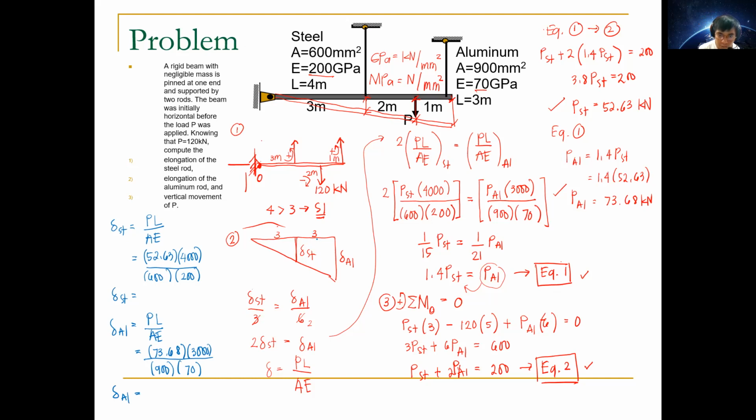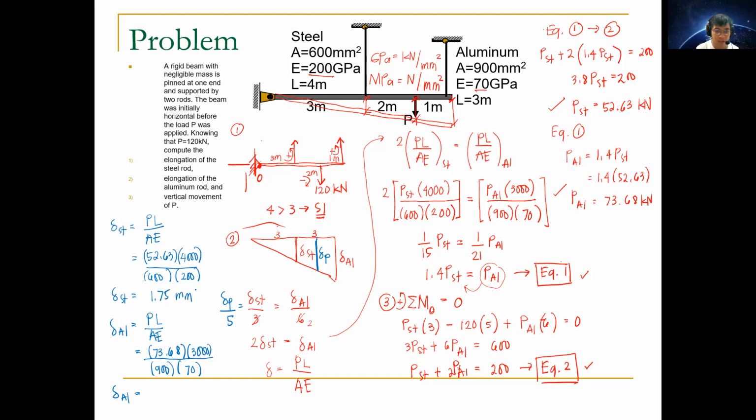You add another triangle here, and this should be the deflection of P, which is 5 meters, so P all over 5. The deflection of the steel is 1.75 millimeters.